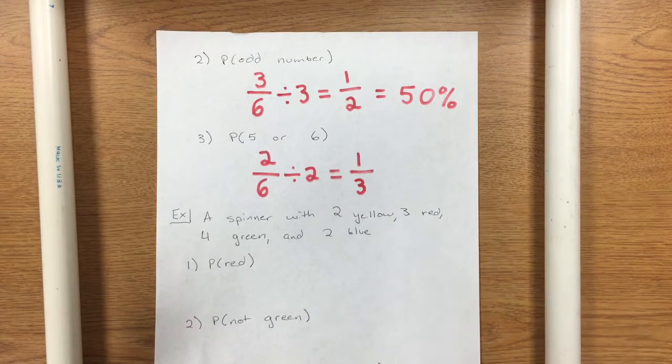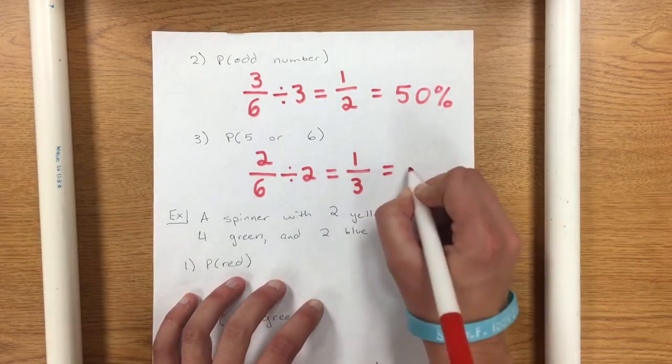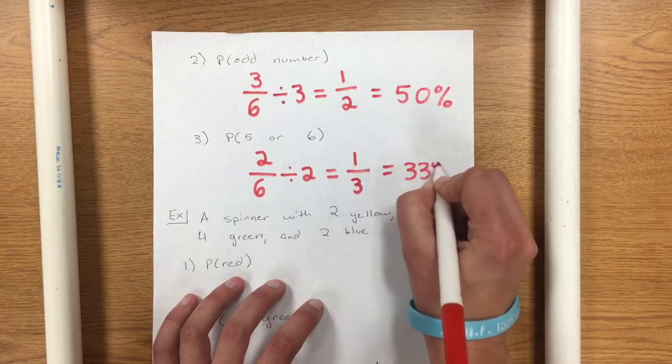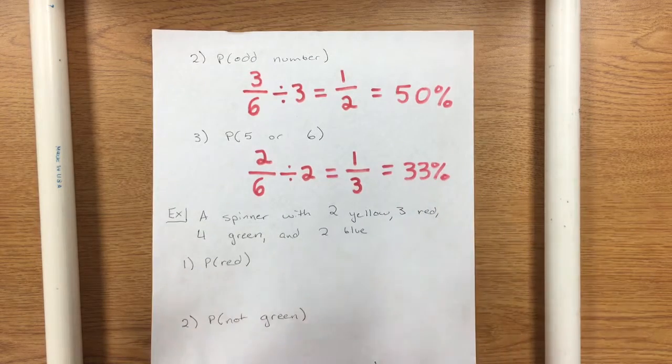So our probability is 1/3. What is 1/3 as a percent? Should be about 33%. So our probability of rolling a 5 or a 6 is 33%.